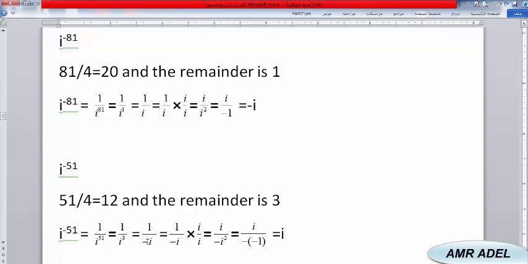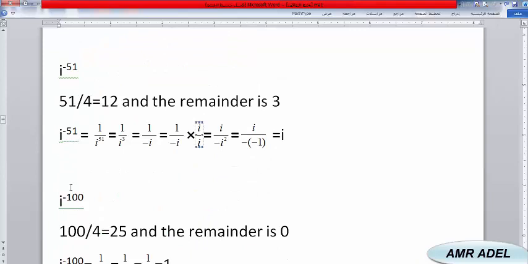It will be negative i. We can know it from above, okay? Now, 1 divided by negative i, just multiply both up and down numbers by i divided by i. Now, i multiply 1 will be i, and negative i multiply i will be negative i squared. Remove the i squared and put negative 1. It will be i divided by minus negative 1, which is i.